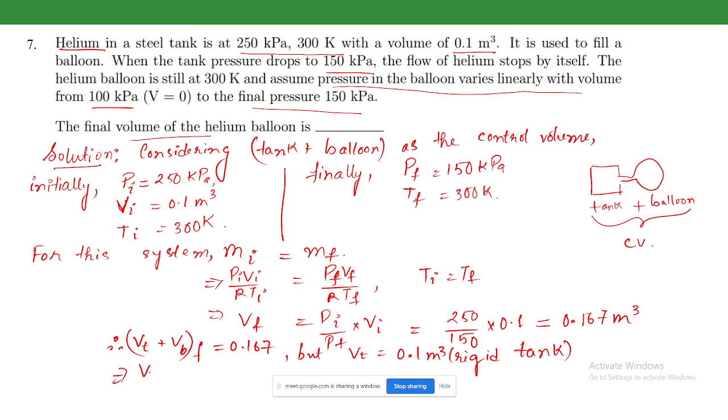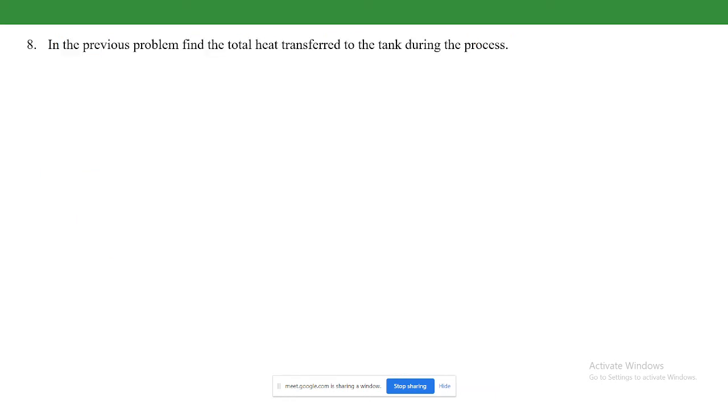This implies the final volume of the balloon is equal to 0.167 minus 0.1, that is 0.067 meter cube. Okay, so this is the answer. Now the next part of the problem is we have to find what is the total heat transfer to the tank during the process.